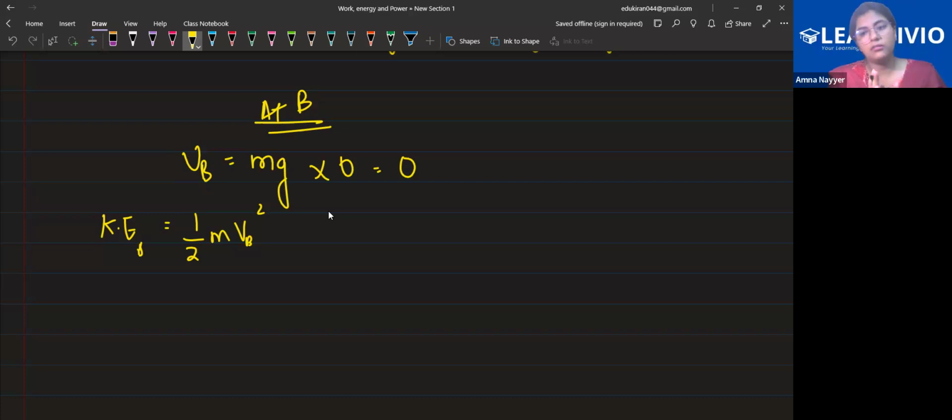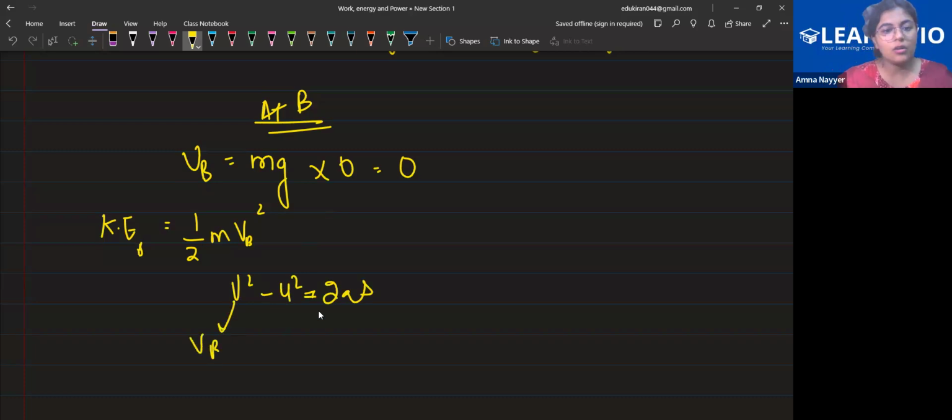The third one, because we have no information about time. First equation has time, v is equal to u plus at. Second equation has time, s is equal to ut plus half at square. The third equation has no time: v square minus u square is equal to 2as.